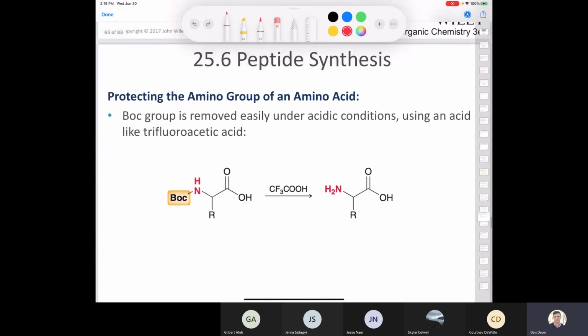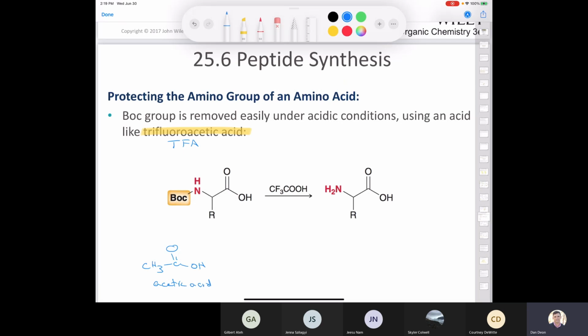If you want to remove the Boc group, what you use is trifluoroacetic acid, which uses the acronym TFA. If you have this, this is acetic acid.